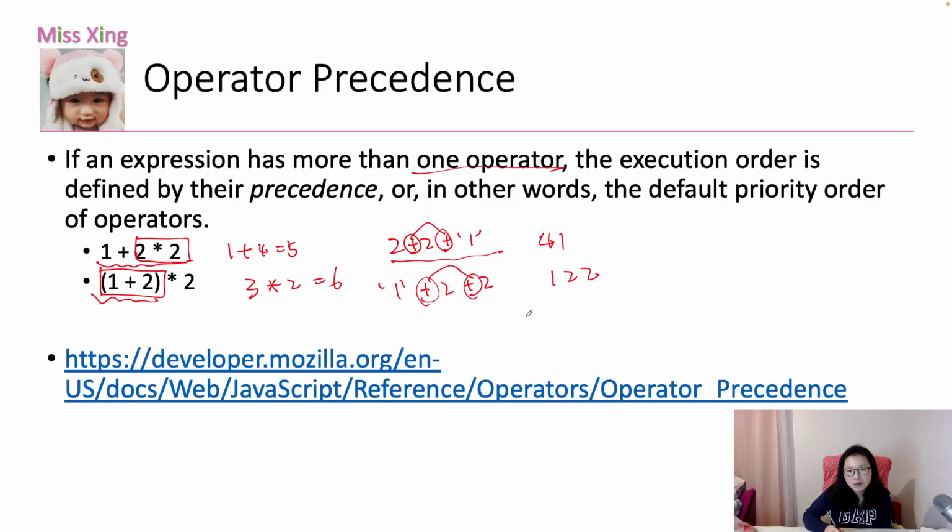I just remember plus, minus, multiply, and divide. Because in the math we learned, multiply and divide have higher precedence and plus and minus have lower precedence. And if in your code you want to change the default priority order, always use parentheses, and the code is also much clearer.